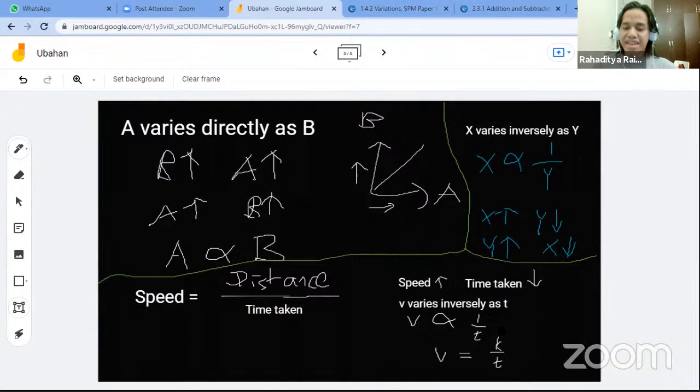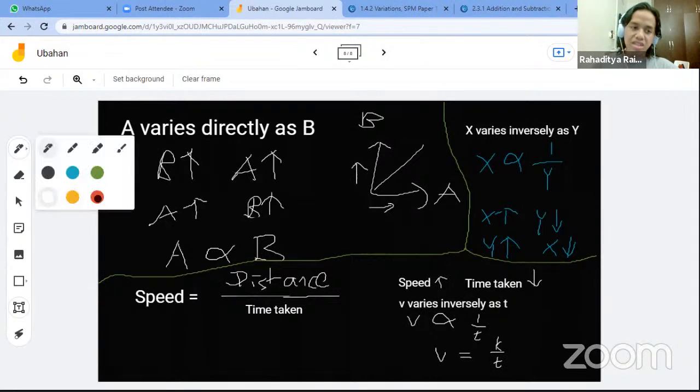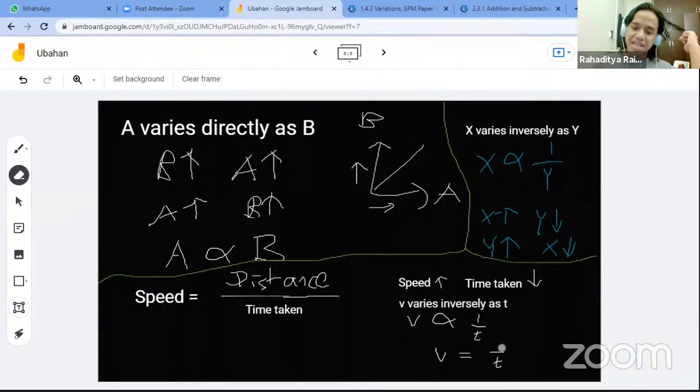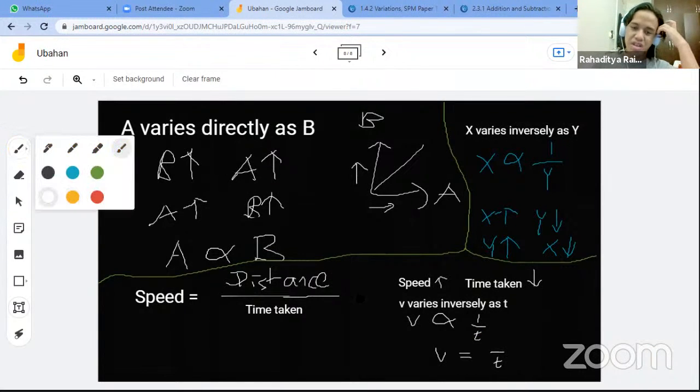Now this k is what you call the constant. Whenever you convert any variation, like let's say v is directly proportional to 1 over t, when you convert it to an equation, you must multiply this side with a letter representing a constant. For example, k or m, basically any letter will work. In this case I put k, but you can also put d if you know the formula already.